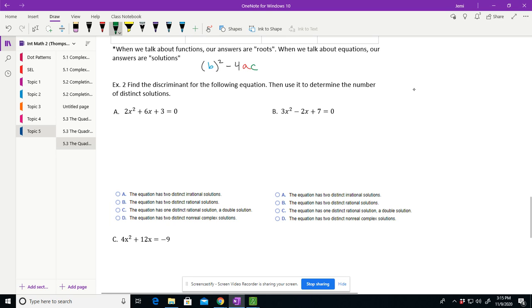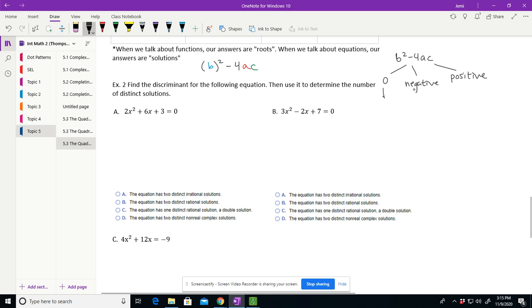Okay, so when I do the discriminant, I am going to plug in b squared minus 4ac. And then I want to know whether that is 0, negative, or positive.